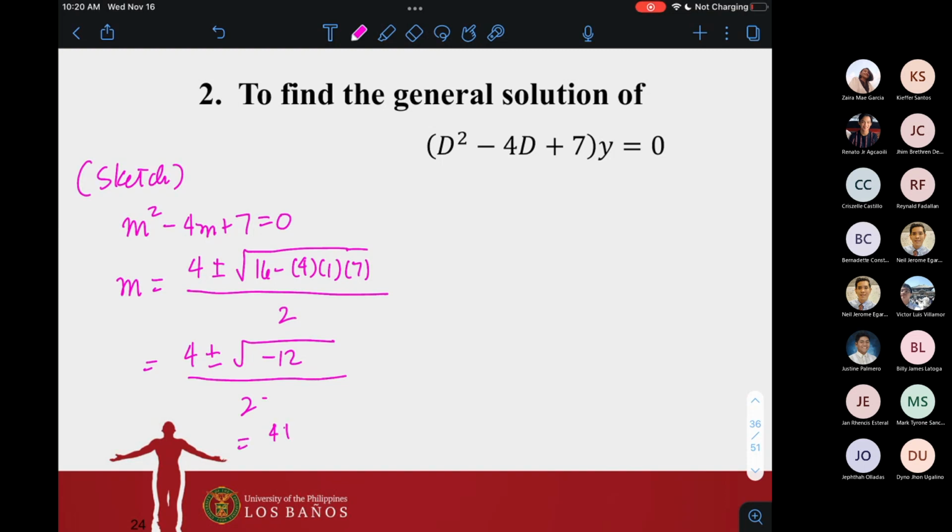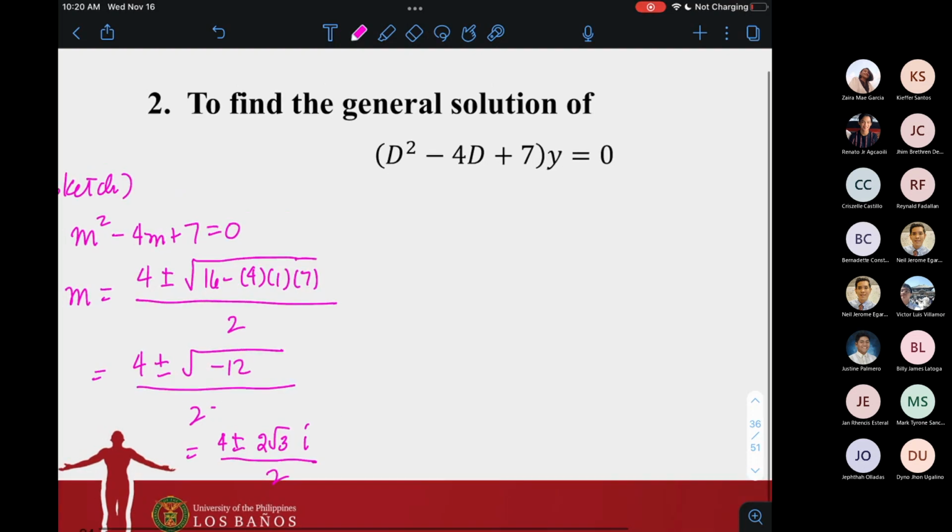And this is 4 plus or minus, I have an i to get rid of the negative sign inside the radicand. So when it comes out, it's i. And then the 12, I can write as 2 square root of 3, all over 2. So basically, our solution m to the characteristic equation is 2 plus or minus square root of 3 i.